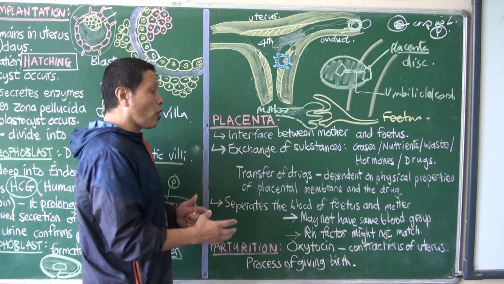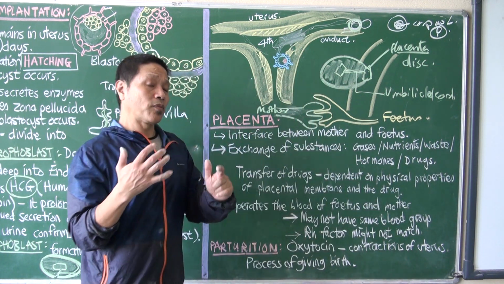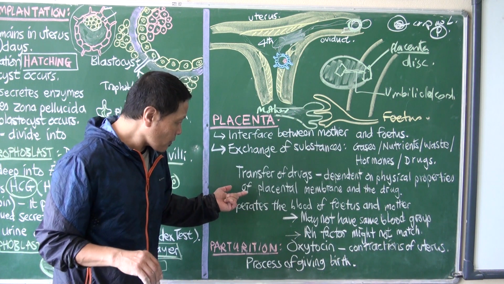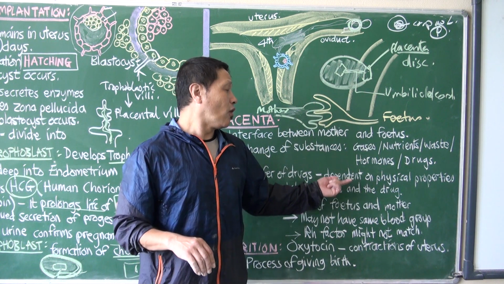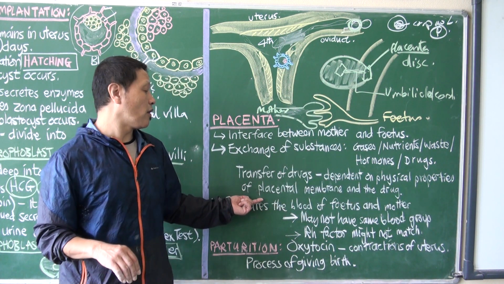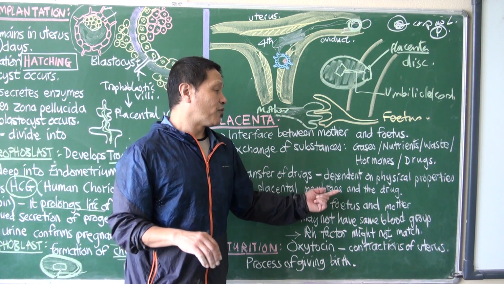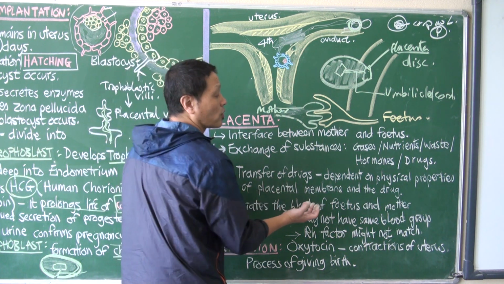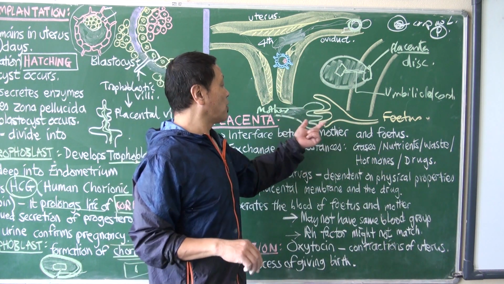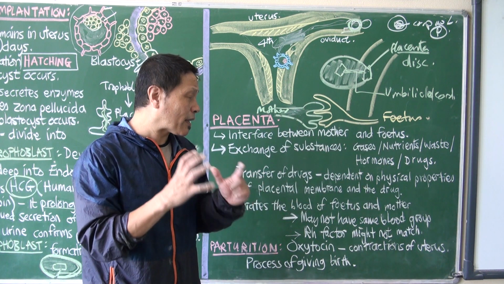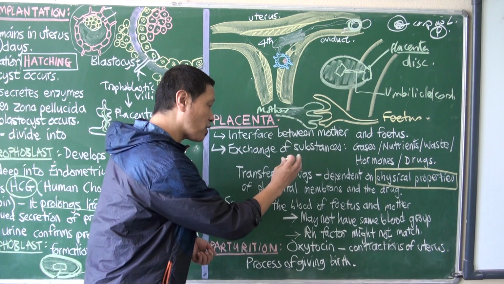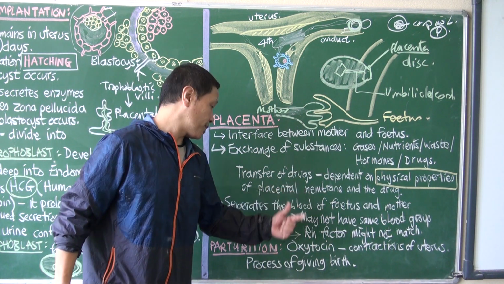Now, the transfer of hormones and drugs is a little more complicated than the transfer of gases and nutrients, because the transfer of drugs or hormones is dependent on the physical properties of the placental membrane. There is a very complicated system in which these drugs and hormones are passed on into the blood system of the fetus. Okay, so that is dependent on the physical properties of the drug and the placental membrane.